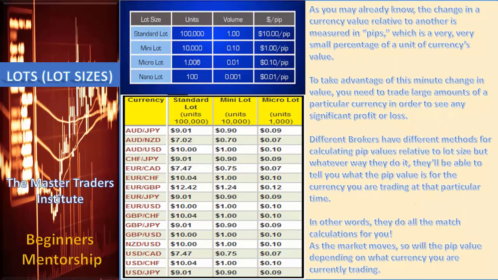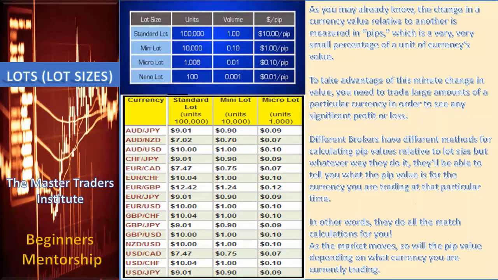Because what we always advise is for every trade you take, do not risk more than 1% of your account. So if you have $100 in your account, any trade you are taking, you must ensure that you don't lose more than $1 from that trade.